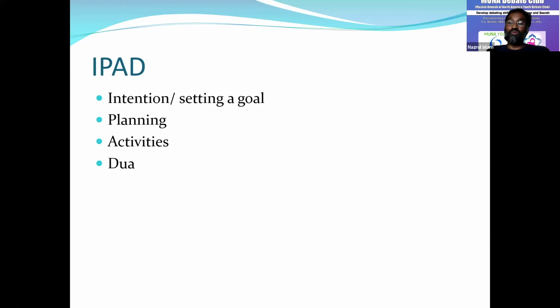Remember the 4 objectives of learning: debate, learning Quran, protecting your iman, giving dawah, and be winners. The winner is there, I don't disagree with that. But do not forget the first 3: learn Quran, protecting your iman, giving dawah. And the last one is dua, making dua to Allah subhanahu wa ta'ala.